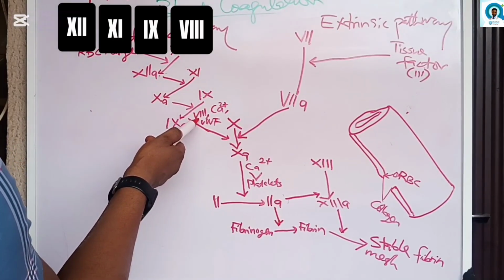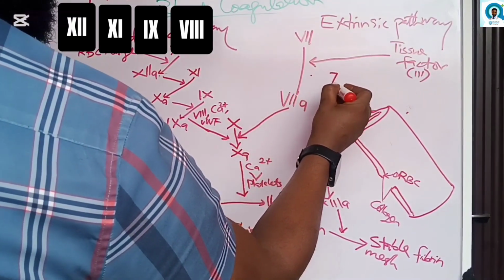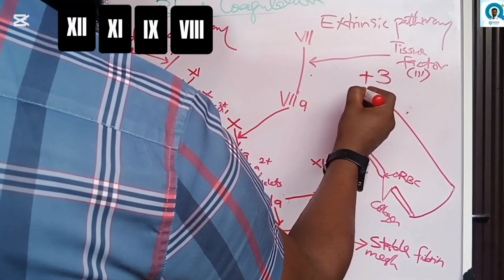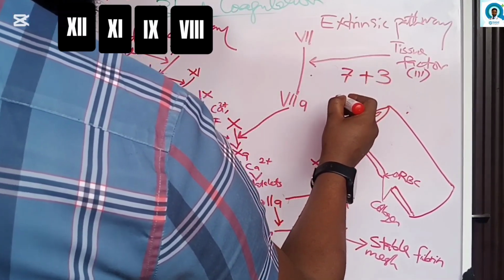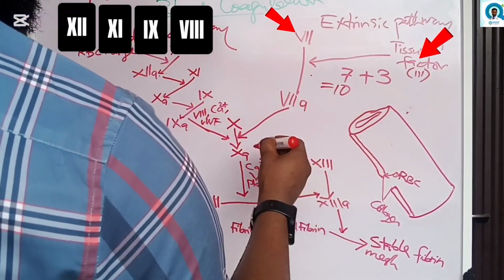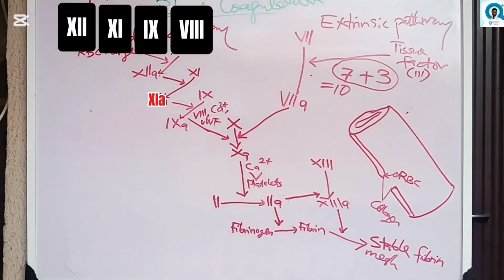These are the clotting factors responsible for the intrinsic pathway. For the extrinsic pathway, we can remember the clotting factors by virtue of the fact that 7 plus 3 equals 10. That is, the clotting factors for the extrinsic pathway are 7 and 3.